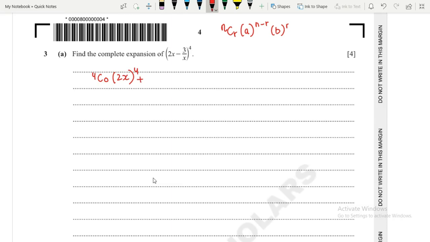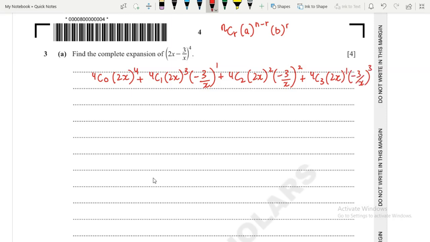So this will be plus 4C1, this will become 2x, 4 minus 1 is 3, then for the b we have minus 3 over x to the power 1, plus we have 4C2, then we have (2x) to the power 2, and this becomes (3 over x) squared. So this time this minus will become plus because there is a power of 2 here, and then we have 4C3, this becomes 2x to the power 1 and minus 3 over x to the power 3.